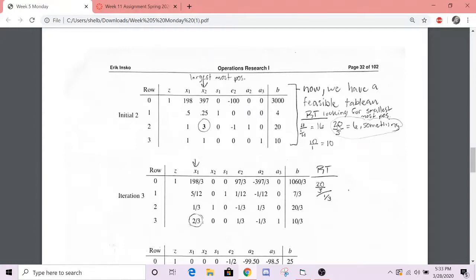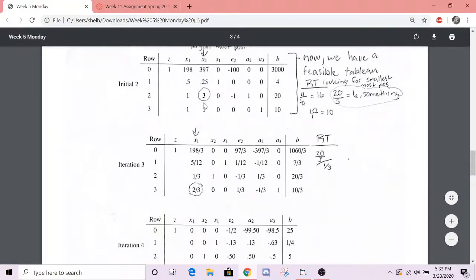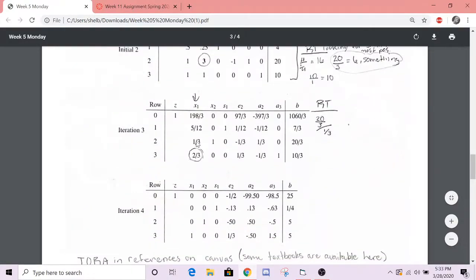It is 6.6 repeating. And then we turn this into a pivot by making this value 1 and zeroing out this column. So we want this number here and this number here to be 0, which is done in this iteration. As you can see, in column x2, row 2 is a 1, that's our pivot, and the rest of the column is zeroed out.